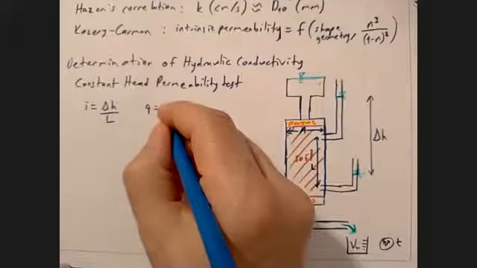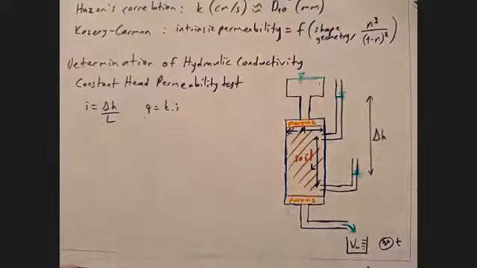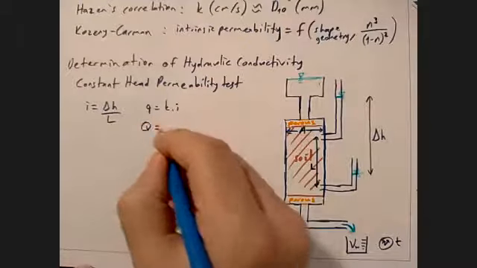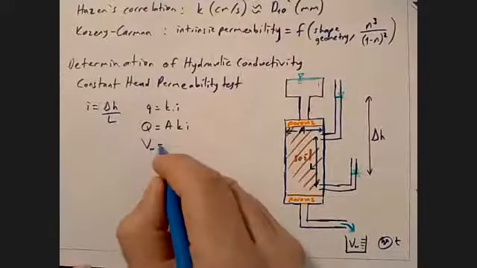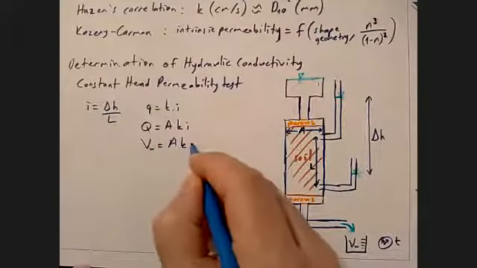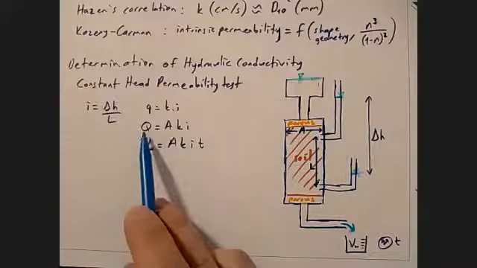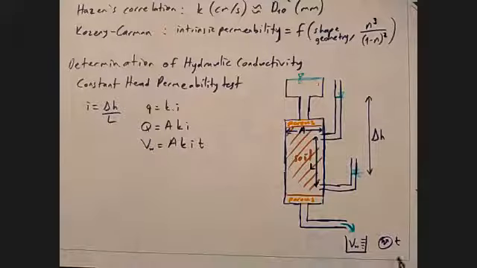Q is K i, and you can substitute the definition of flux in there as flow rate over area, and then involve time and volume of water. And that's it. It's very straightforward.